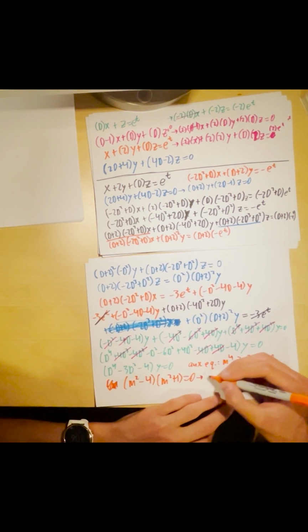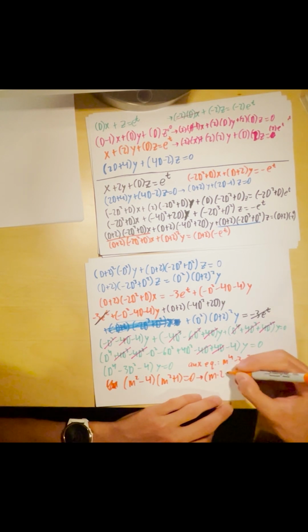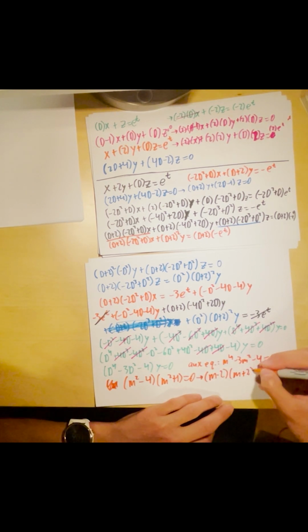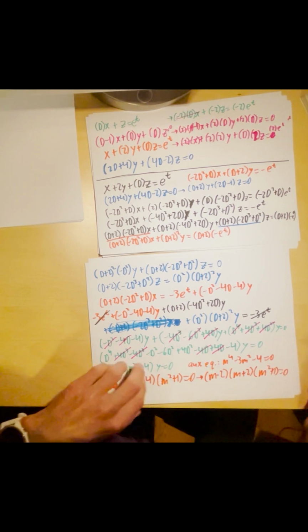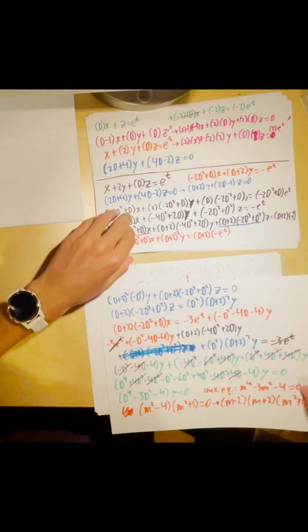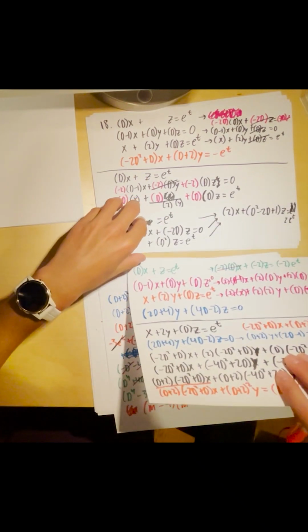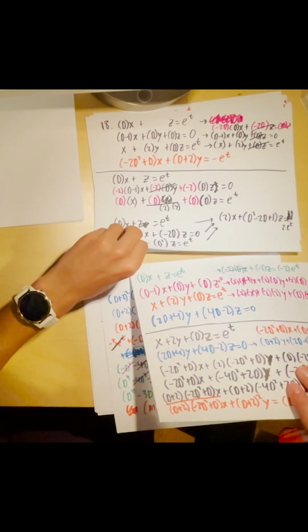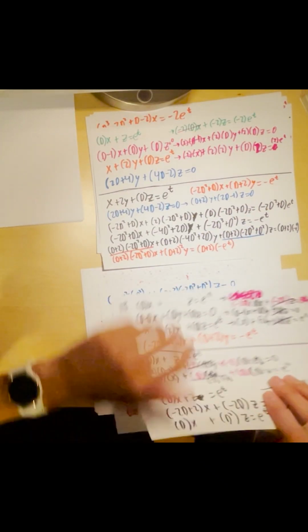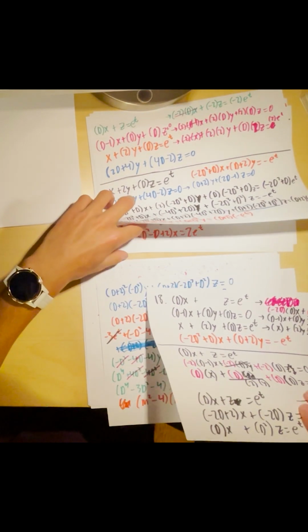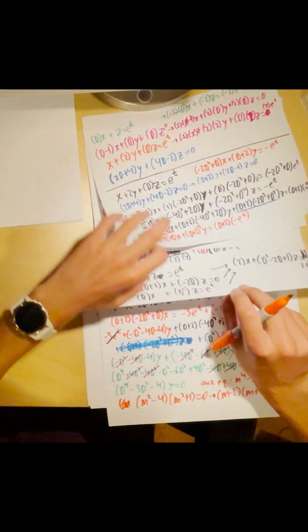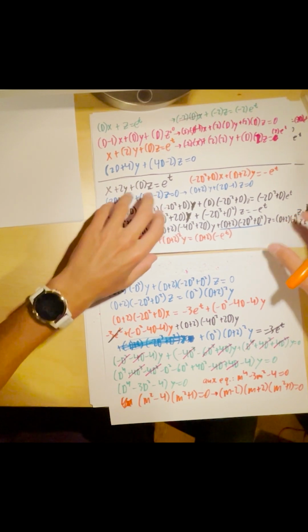Expanding further, m minus 2, m plus 2, and this is still m squared plus 1 equals 0.